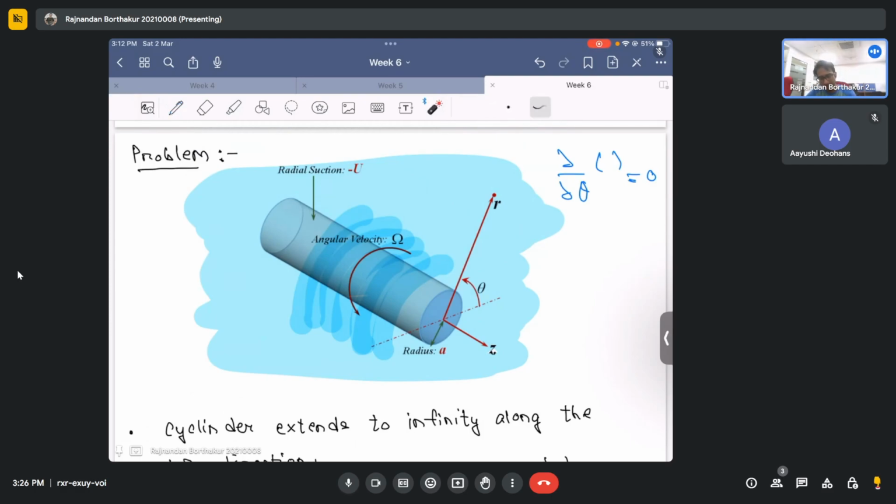Remember that this axisymmetricity differs with the coordinate system you are looking at. Axisymmetric in cylindrical coordinate system is not similar to axisymmetric in spherical coordinate system. In a later class, maybe next week or the week after that, we will look into the spherical coordinate system, and we will see that axisymmetry in spherical coordinate system is not the same as that of the cylindrical coordinate system.